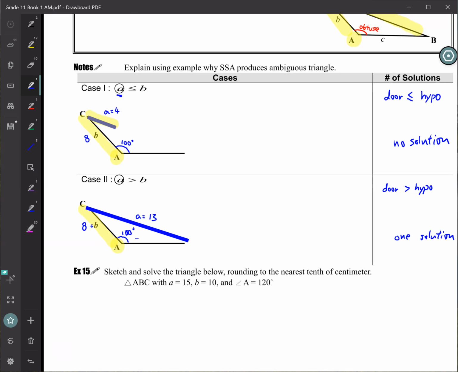Aaron, can you give us a random number? 8. 8, sure. Okay. So case one is saying when the door is shorter than or equal to the hypotenuse. Let's write on the side. Door is shorter than or equal to the hypotenuse.